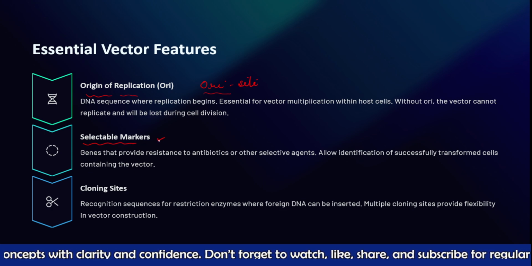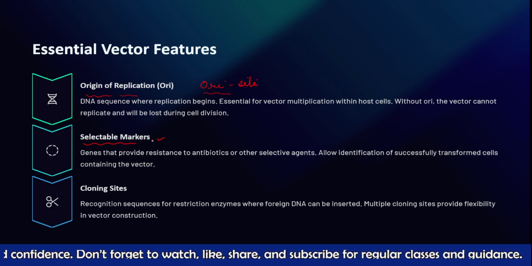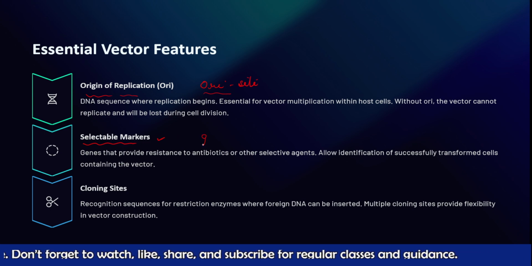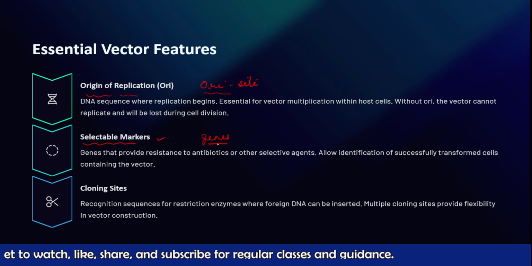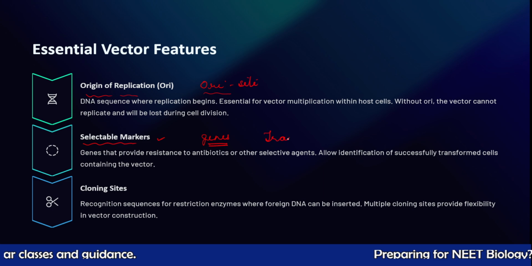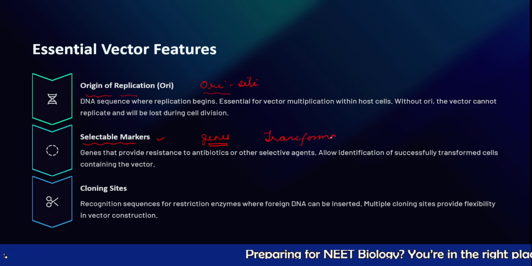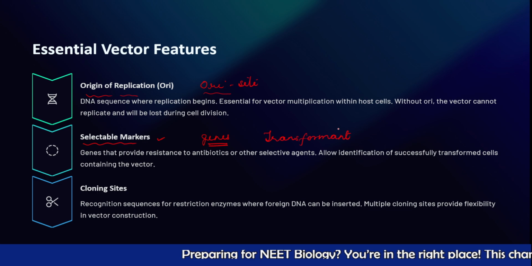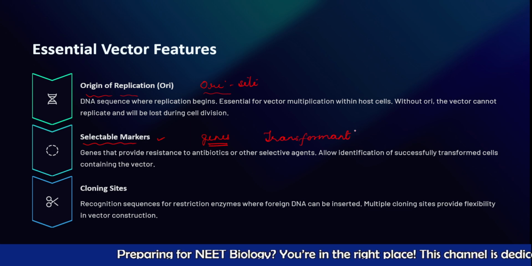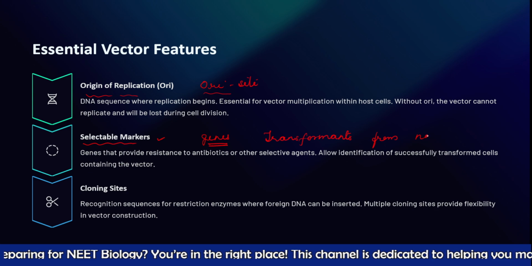We are using markers to mark something, right? In rDNA technology, the markers are generally genes. Genes used as a marker to identify whether the particular cell is a transformed cell. We are using that for transformants. Okay, so selectable markers are used to find out the transformants from non-transformants.